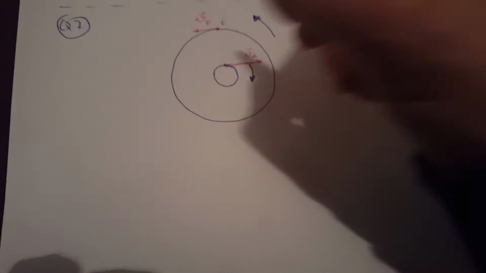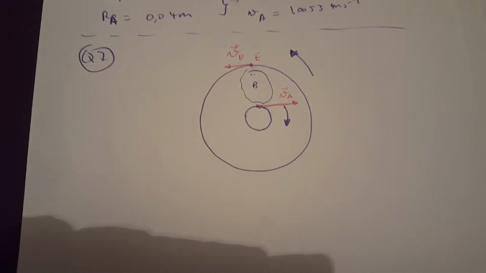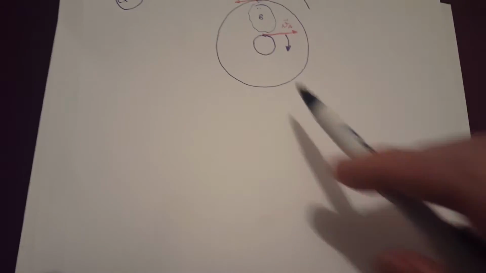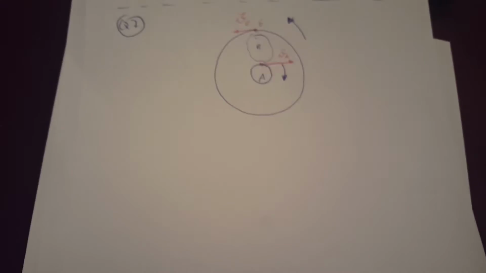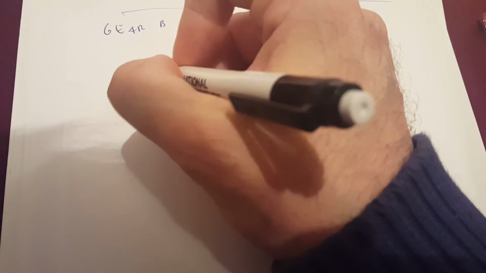In between points E and A, I have my gear B. This is the gear I will use to do my kinematics analysis, because I know one velocity at E, I know one velocity at A, and so I know two velocities on gear B. I know that the velocity at this point, which I called point E, is to the left and is VE.